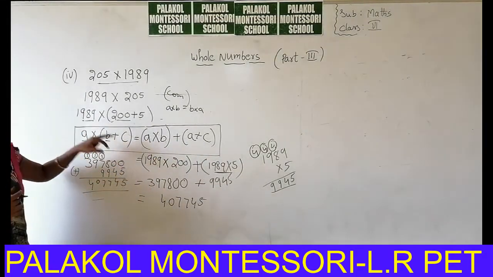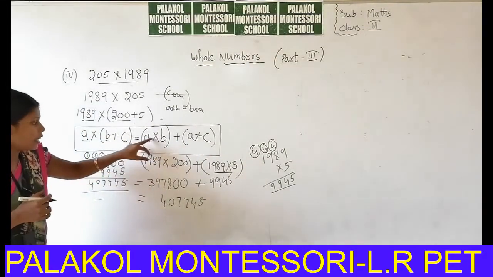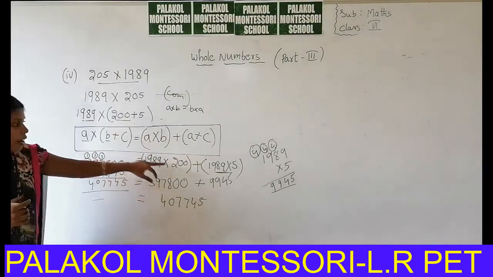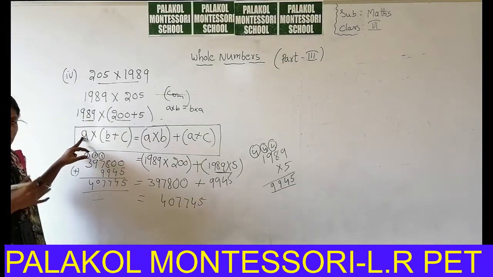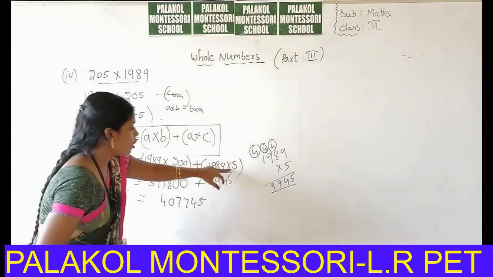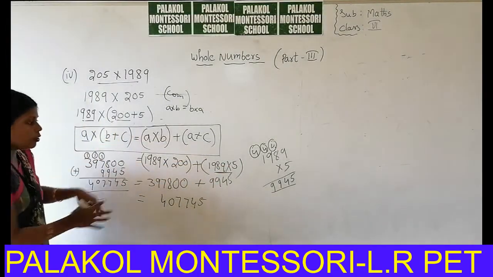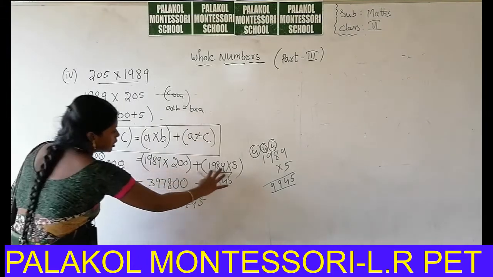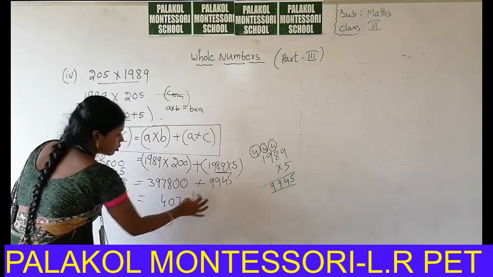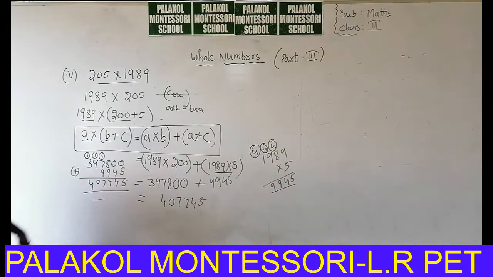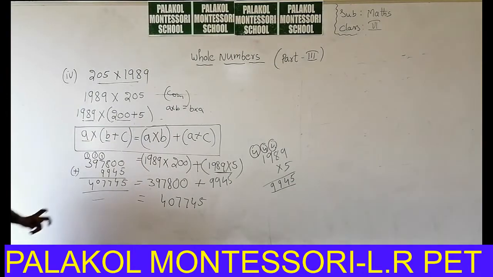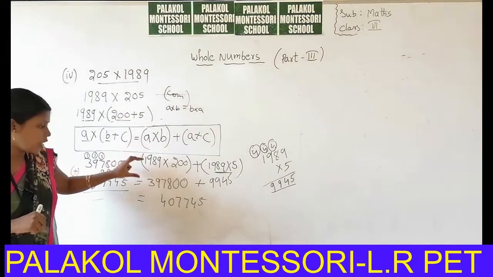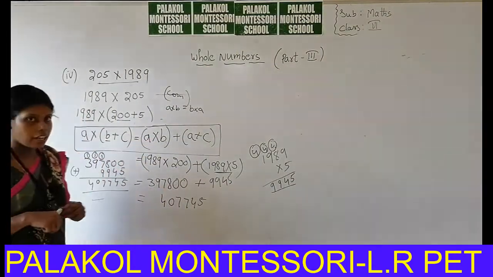A is nothing but 1989 into what is B? 200 plus A again 1989 into what is C? 5. So we can multiply these two numbers. After that we can add these two numbers. You get the result. So in this problem we use commutative property and distributive property. These two properties we can use and we get the final result.